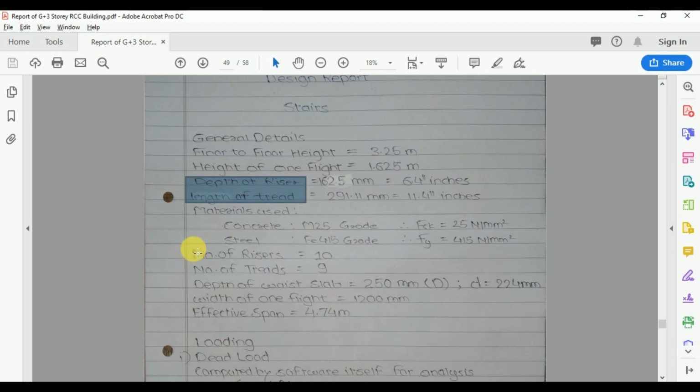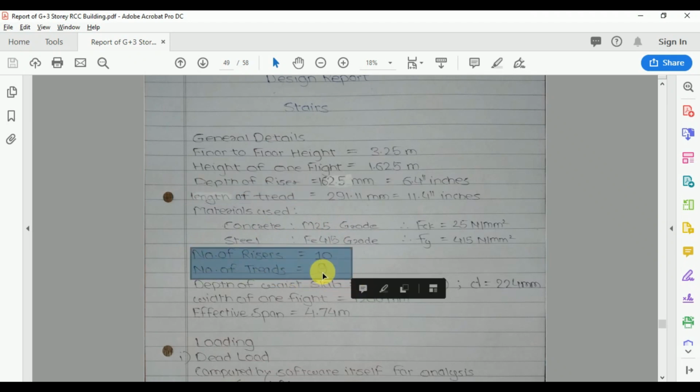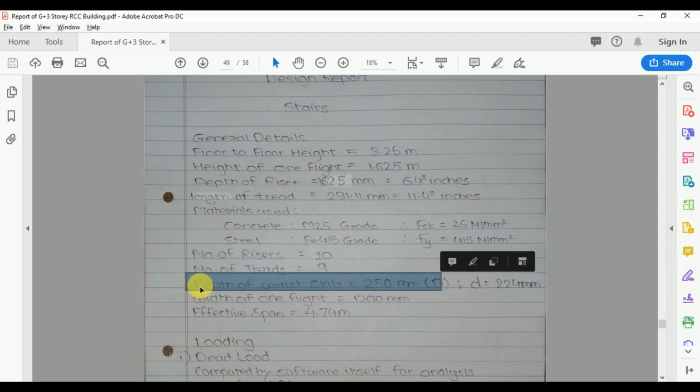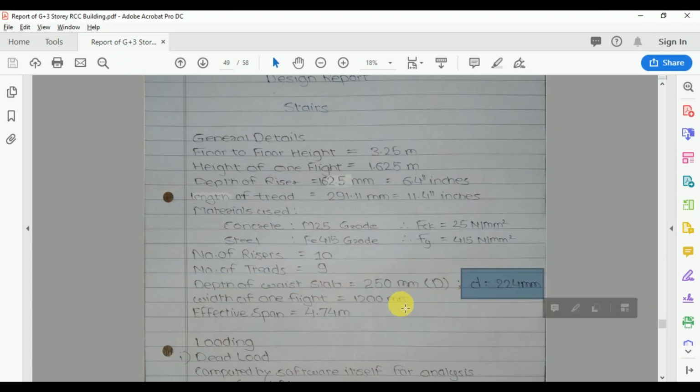As per the architectural planning, the number of risers and treads are 10 and 9 respectively. While modeling the staircase in ETABS, we provide the depth of waist slab as 250 mm. If we deduct the clear cover and half of the reinforcement diameter, we get the effective depth of the staircase as 224 mm.